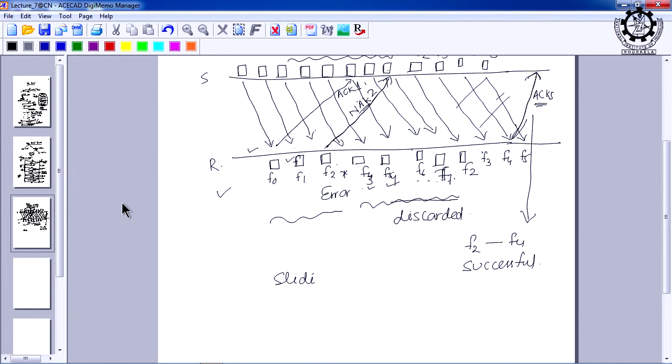Along with that, the flow control and sliding window mechanisms will be taken care of, as in the case of flow control. That means flow control and error control can be combinedly taken care of by the DLL while considering the sliding window protocol for the error control mechanism, right.